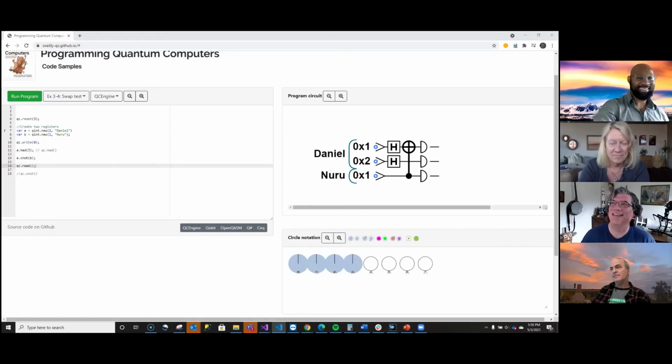Well, the C naught is a conditional not, so in this case it'll do the not on that first qubit based on the state of the third one. So if the third one is 0, it will not do the not. If the third qubit is 1, then it will do the not.